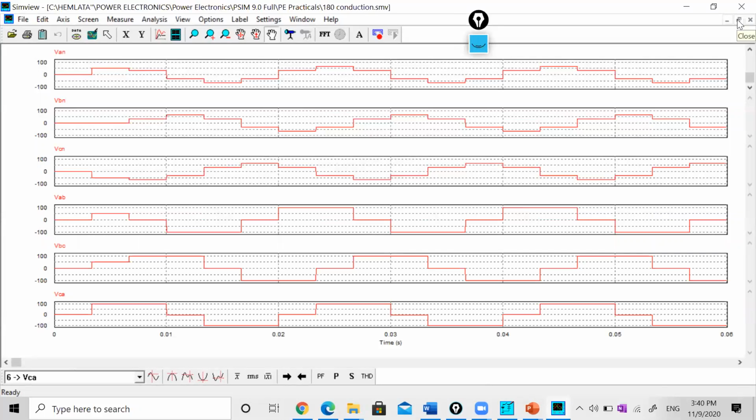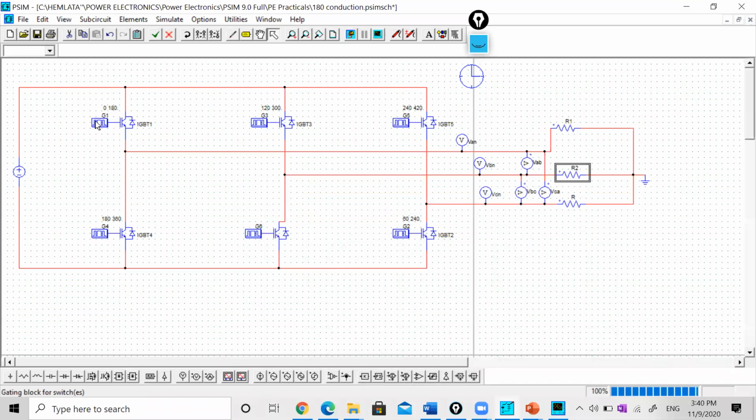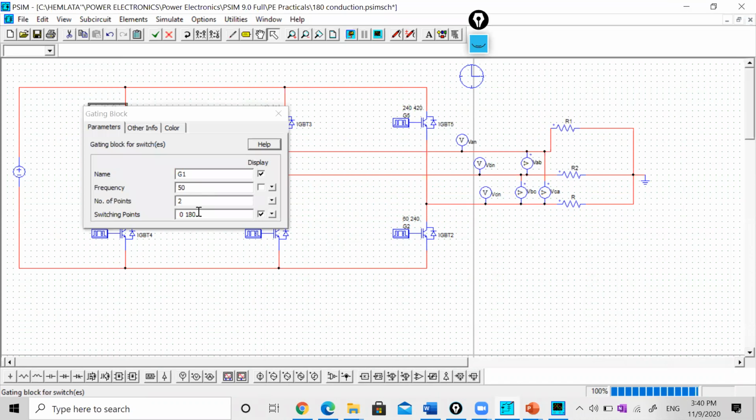Now after this 180-degree, let's come back to our previous circuit and change the conduction angle to 120-degree. So it will conduct from 0 to 120. Then this 60-degree will remain the same, because the conduction of the second transistor starts 60 degrees after the first. So 120 plus 120, this is 240.